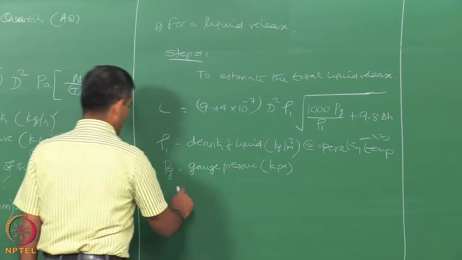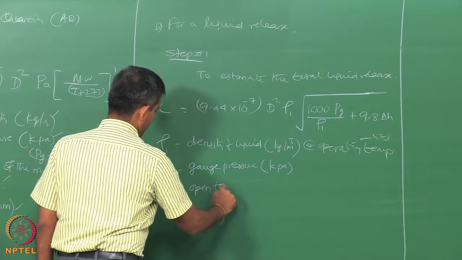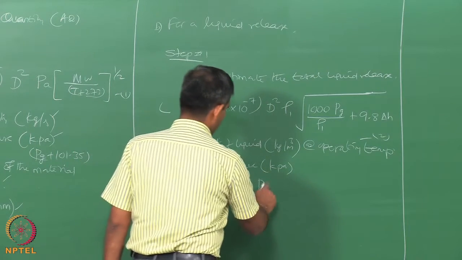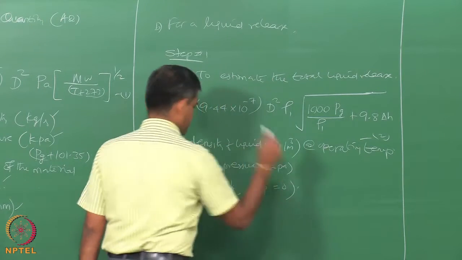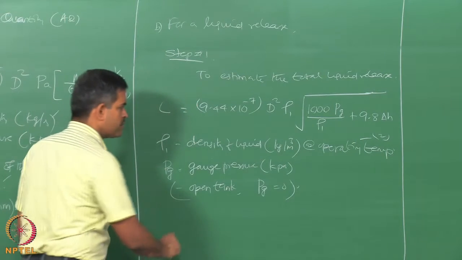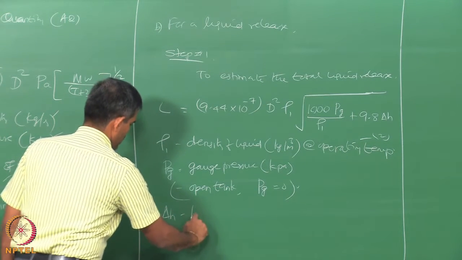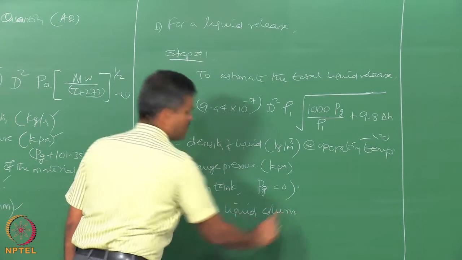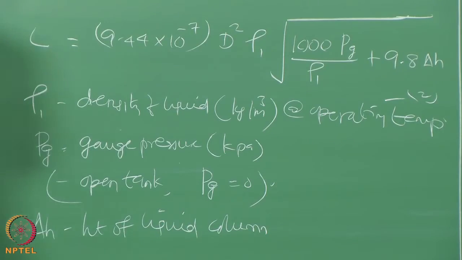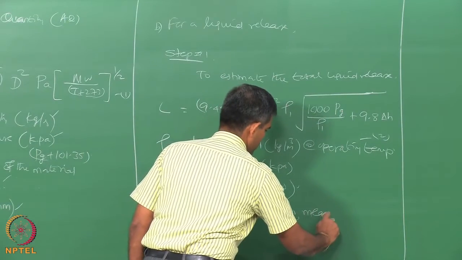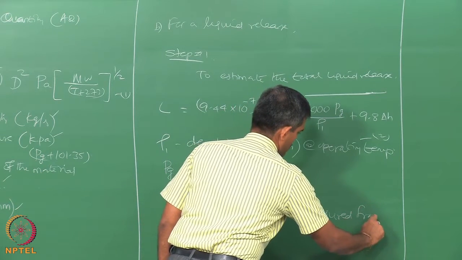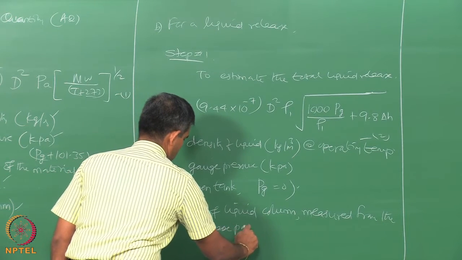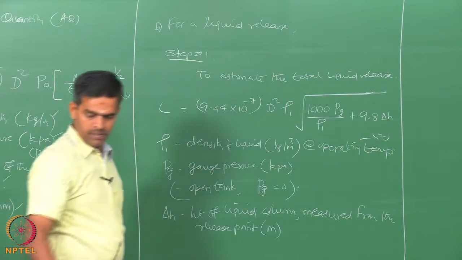For example, if you have an open tank, or an open vessel which is open to the atmosphere, then Pg is taken as 0. Delta H is the height of the liquid column measured from the release point in meters.